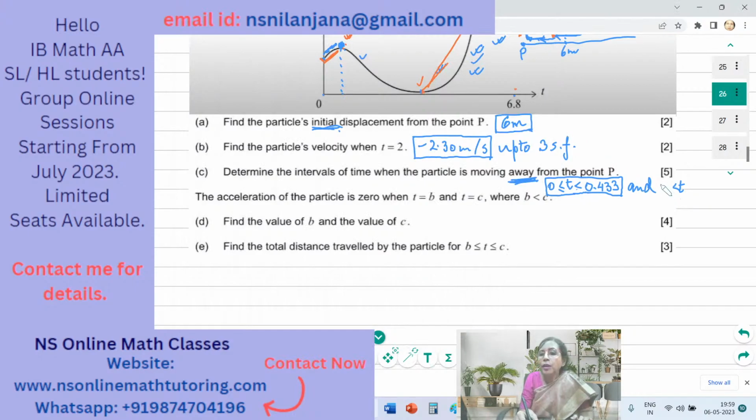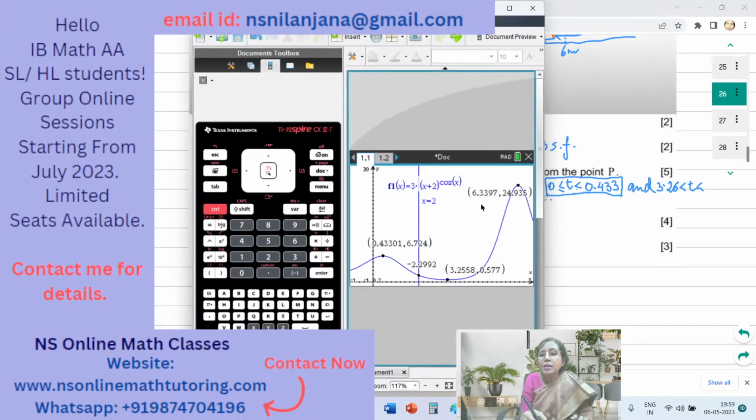So 3.26 is less than t is less than 6.34.